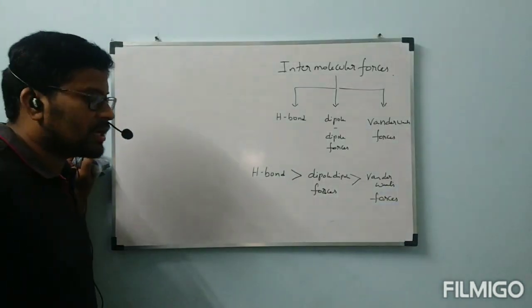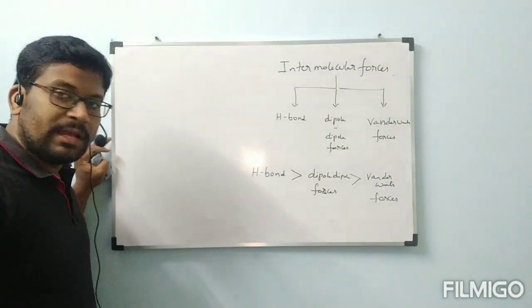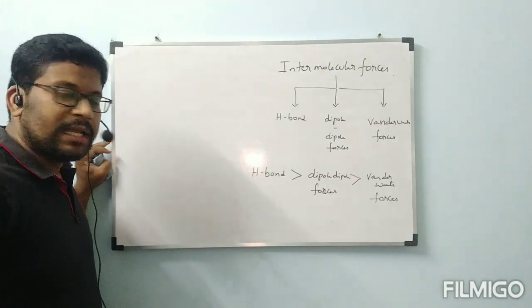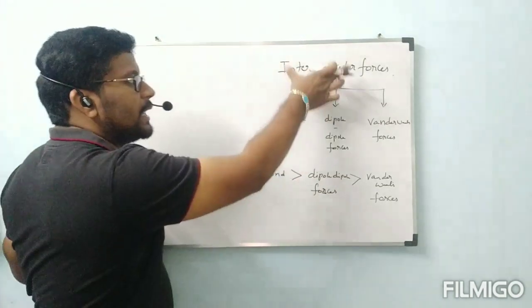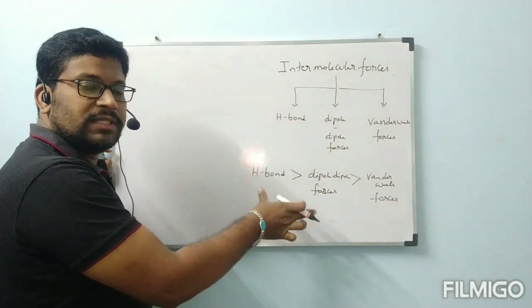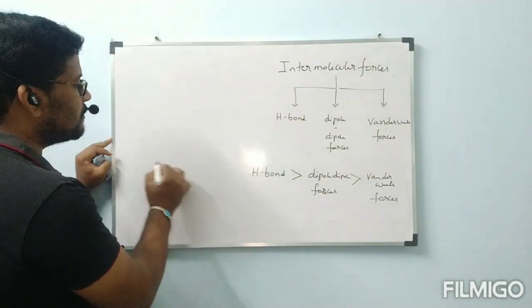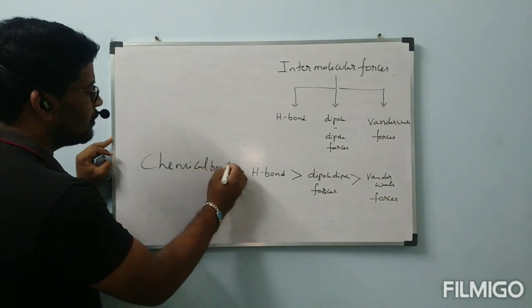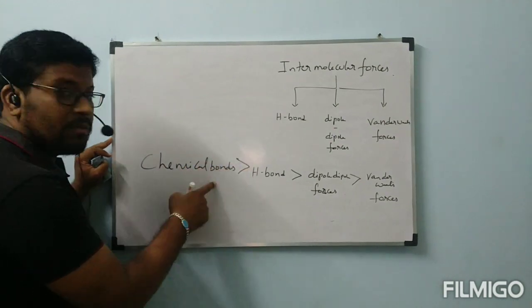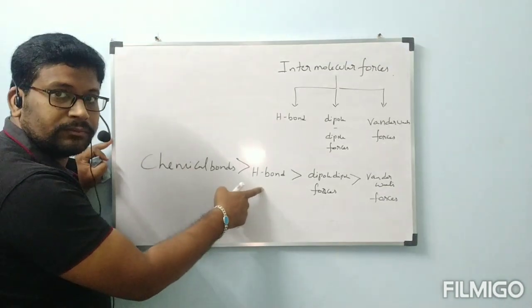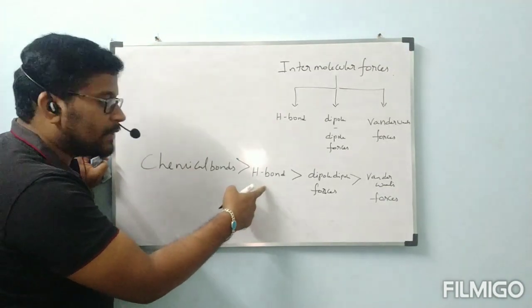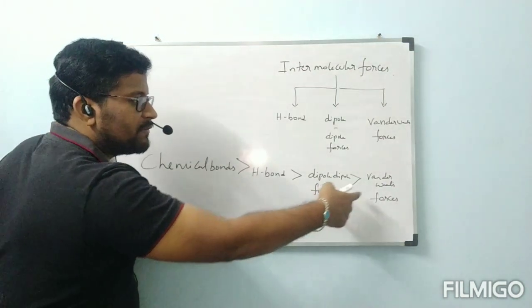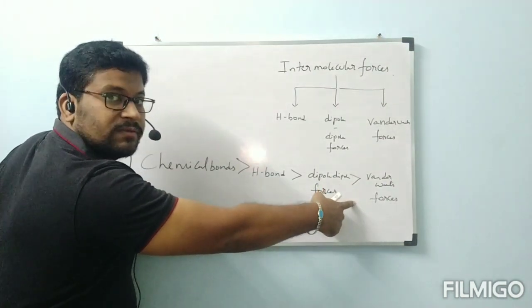These are all called intermolecular forces, which are weaker than chemical bonds. Chemical bonds are stronger than hydrogen bond. Hydrogen bond is stronger than dipole-dipole forces. Dipole-dipole forces are stronger than van der Waals forces.